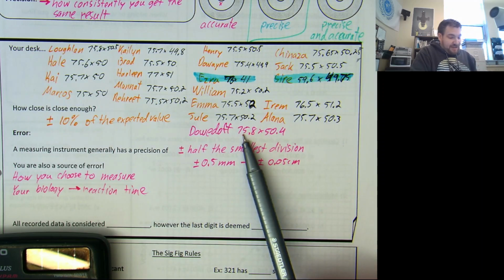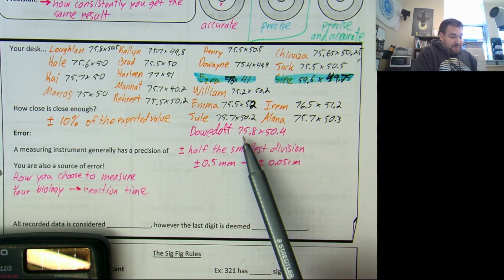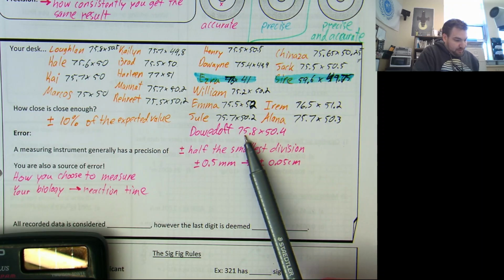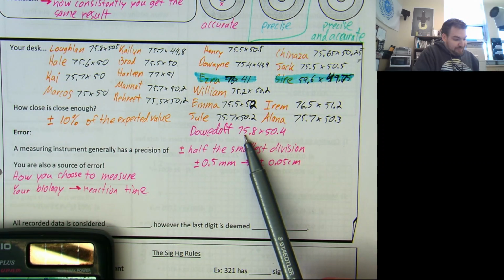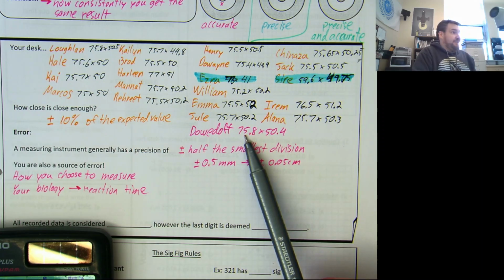What this means is, if I'm plus or minus 10% of the expected value, every value between 68 centimeters and 83 centimeters is close enough.